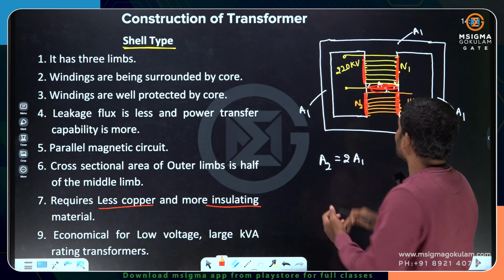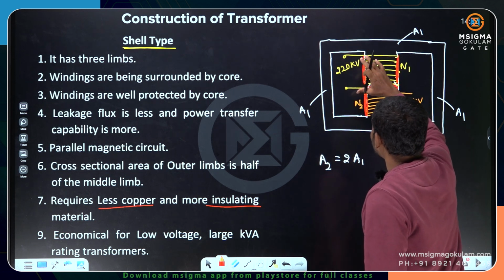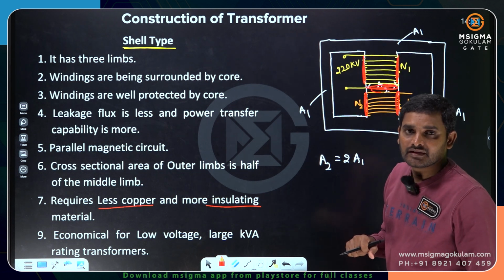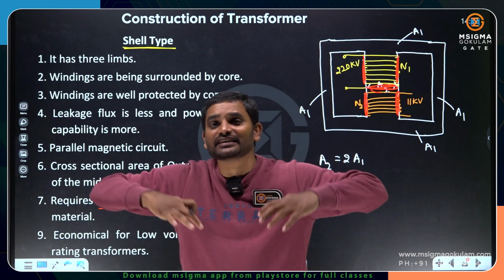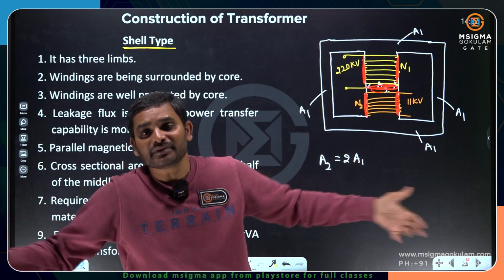And moreover, if you are increasing the operating voltage, it can create stress on the other winding also. Because whenever you increase the applied voltage, the electric field intensity also increases, and it will create stress on the neighboring parts also.